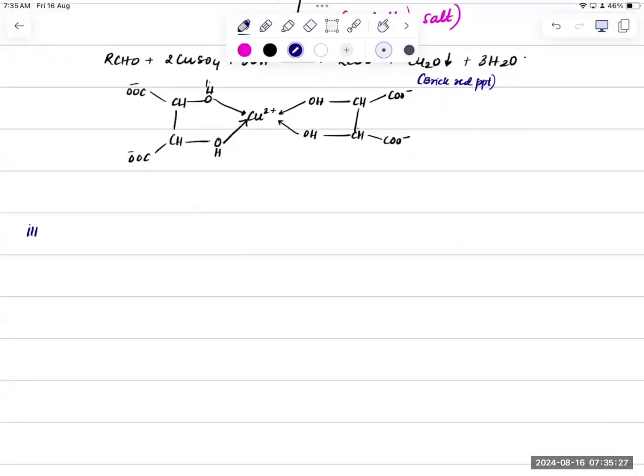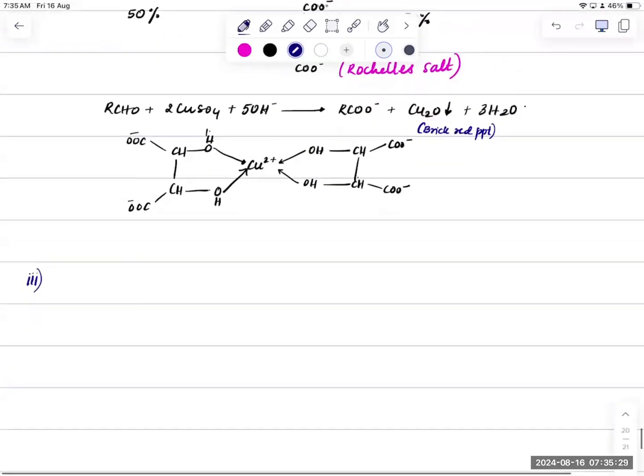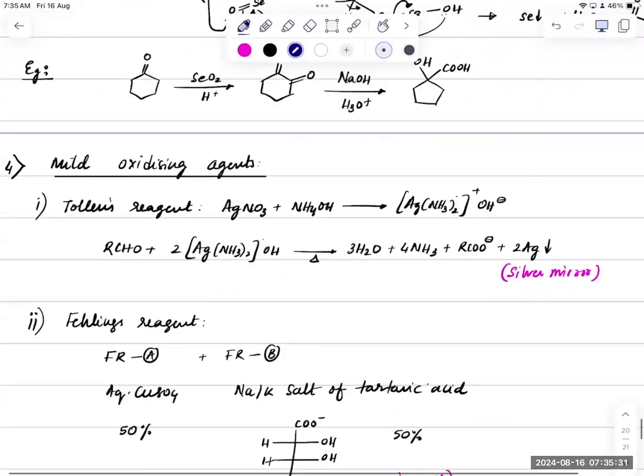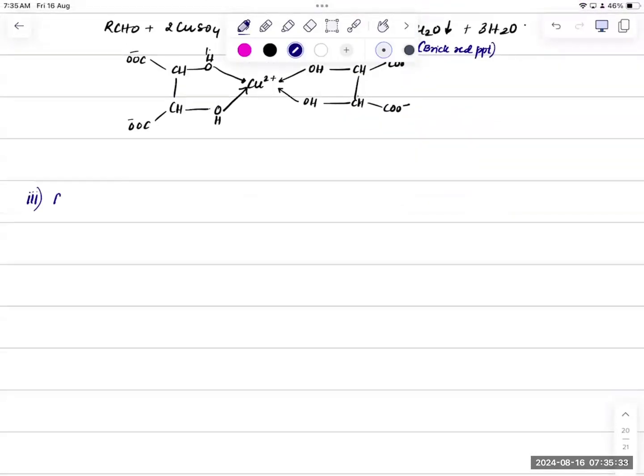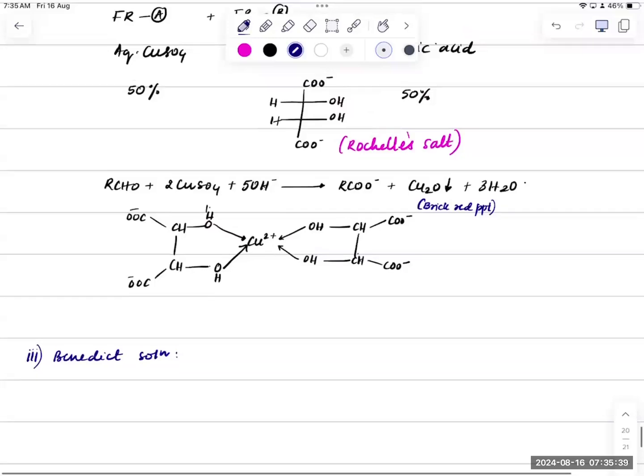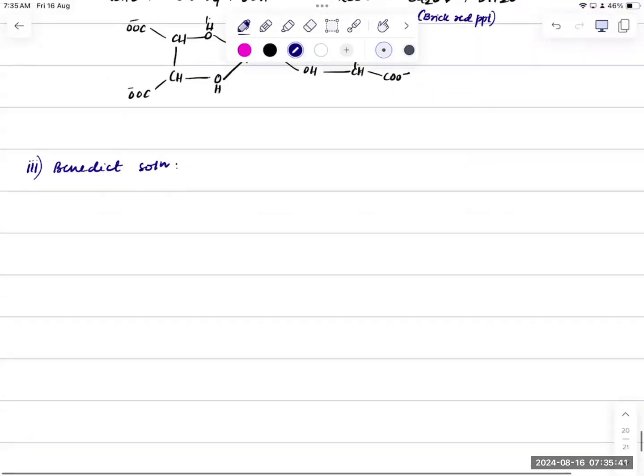Third one is about Benedict solution. But the reaction type is exactly the same. Here also we will have Benedict solution A and Benedict solution B. Correct?